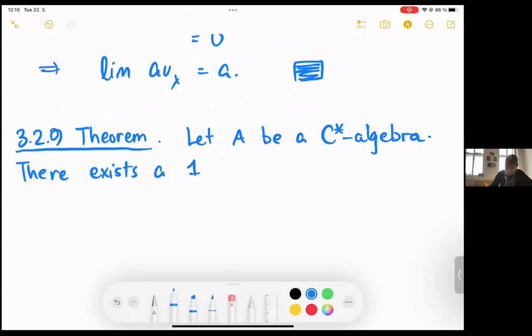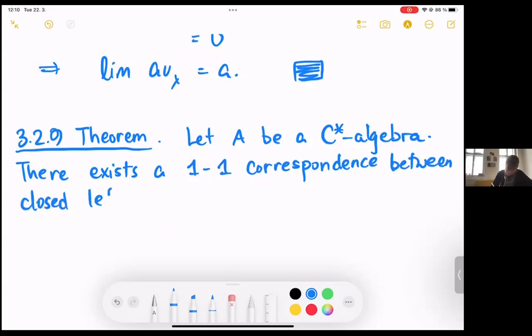So we have a one-to-one correspondence between closed left ideals and hereditary subalgebras.